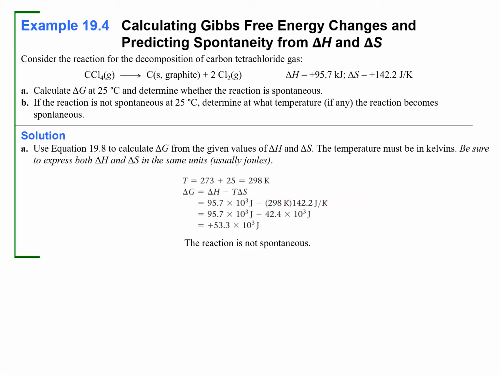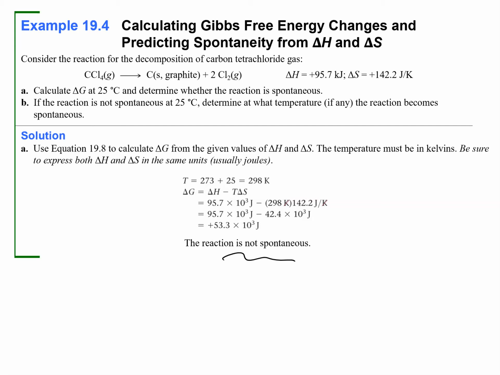This is a positive delta G, therefore at the temperature of 25 degrees Celsius, this is not spontaneous. That shouldn't surprise you, because it would be odd for a liquid carbon tetrachloride to spontaneously become graphite under what we consider normal temperatures of 25 degrees Celsius.